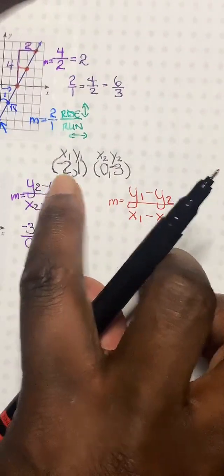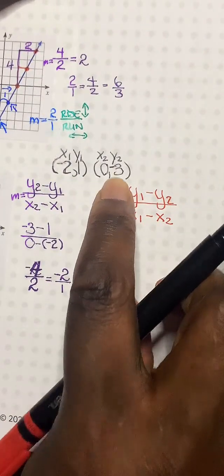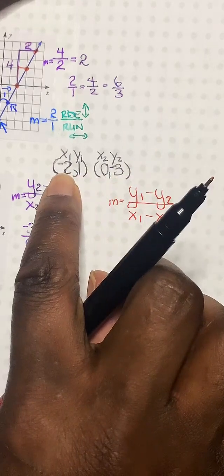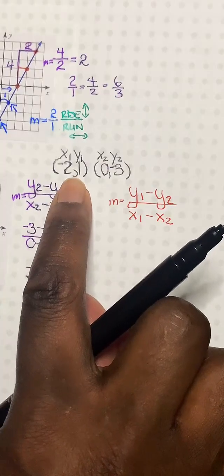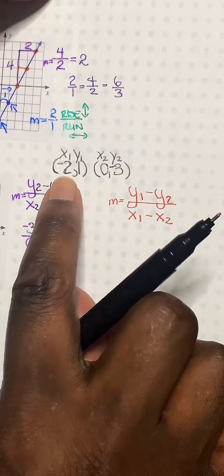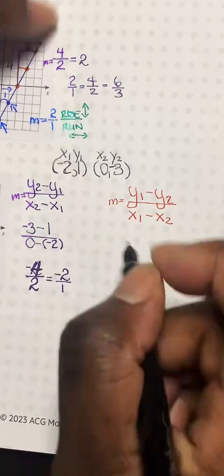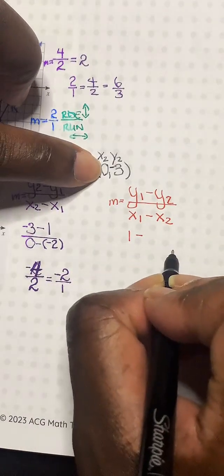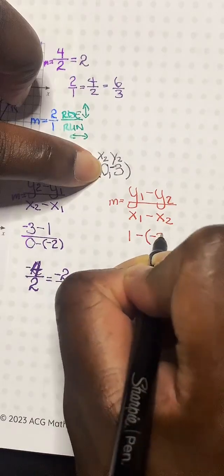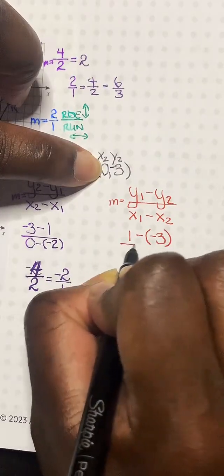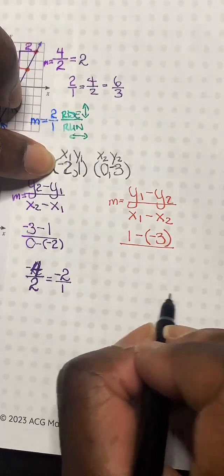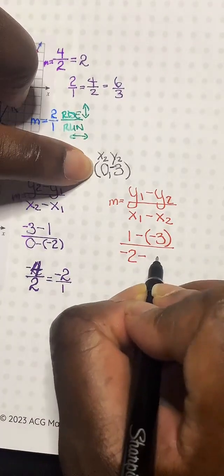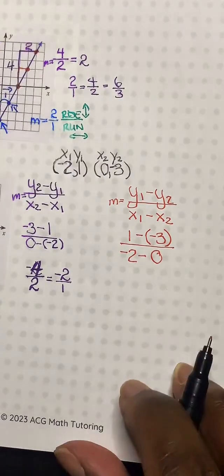We have the same points, but instead of trying to go from right to left, we just go our natural way, most of us, from left to right. So you have your y1, which is 1, minus your y2, which is a negative 3, over my x, which we have a negative 2, minus my x sub 2, which is 0.